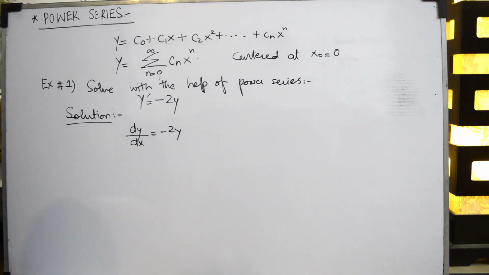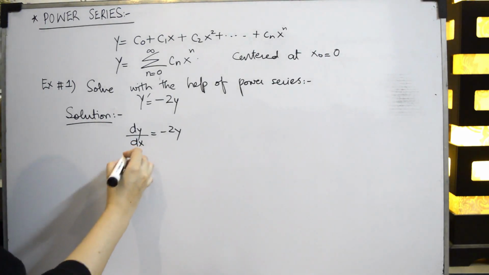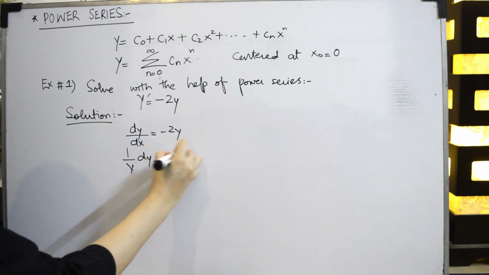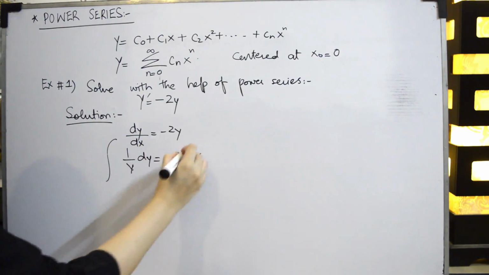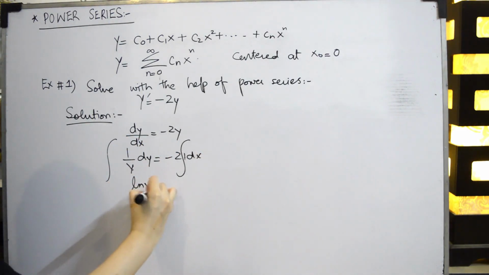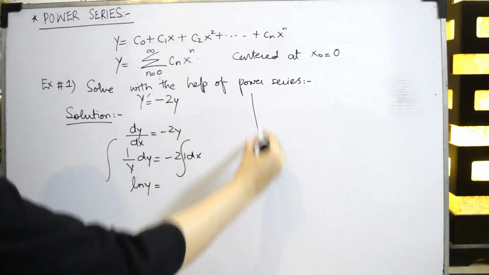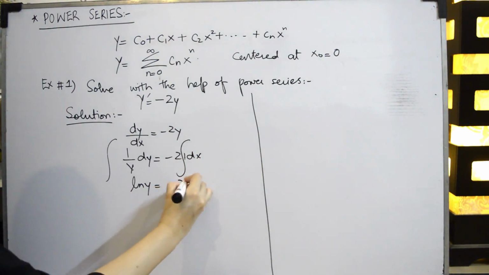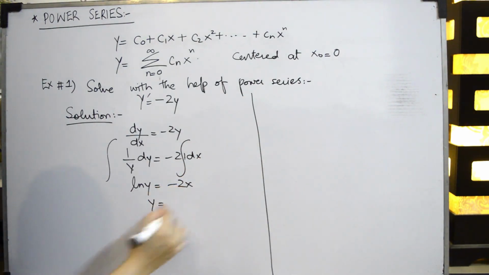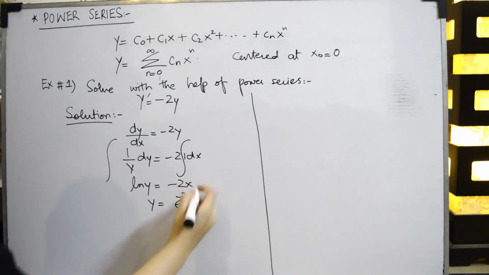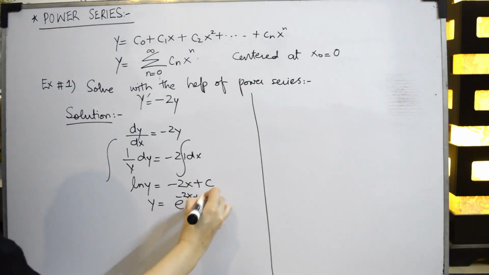Here I am using separation of variables: 1 by y dy equals minus 2 dx, and I integrate on both sides. That becomes natural log of y equals minus 2x plus c, so y equals e to the power minus 2x plus c.